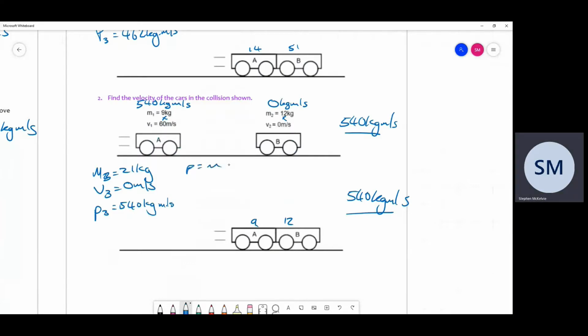Momentum is equal to mass times velocity. Momentum divided by mass is equal to the velocity, which is 540 divided by 21, giving me an answer of 25.71 meters per second.